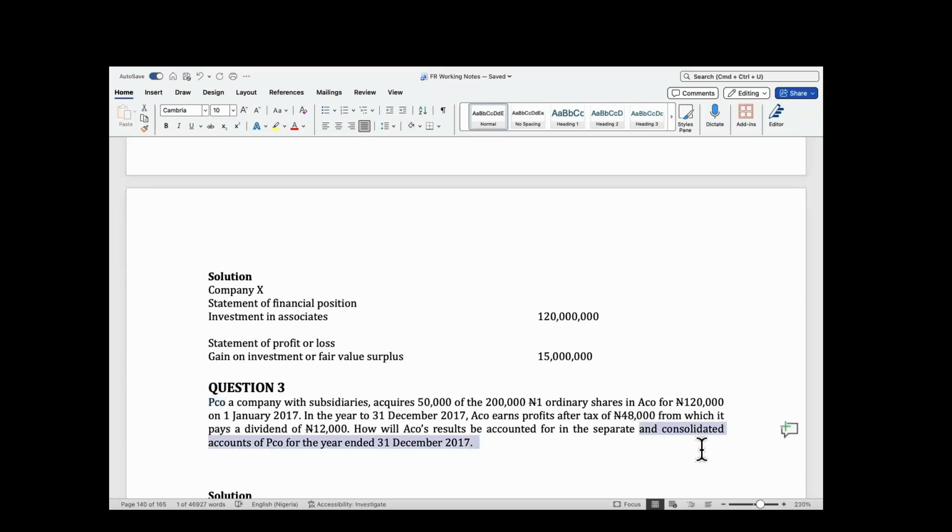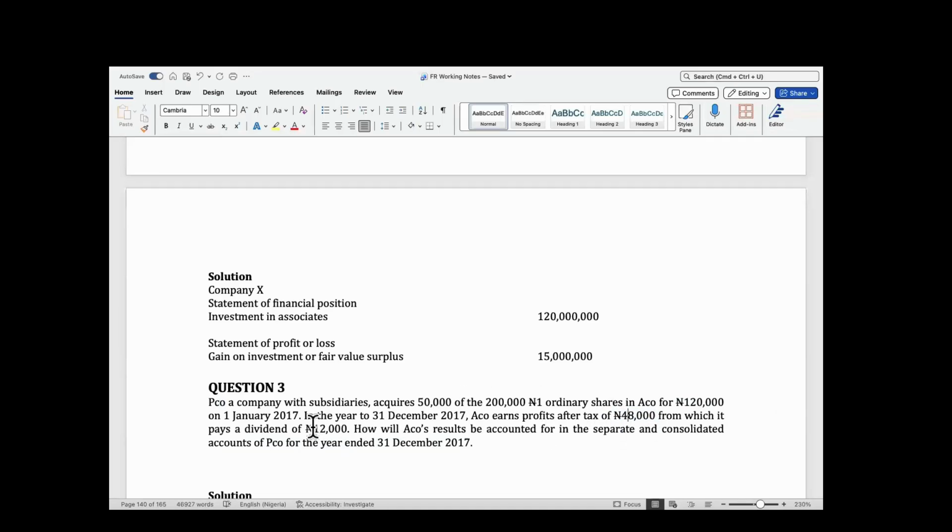So in the consolidated accounts, like I told you, in the statement of financial position, he will need to determine the carrying amount of his investment. All he's doing is he will get his 120,000. He will add a share of the profit of the associate, which is 25% of 48,000.